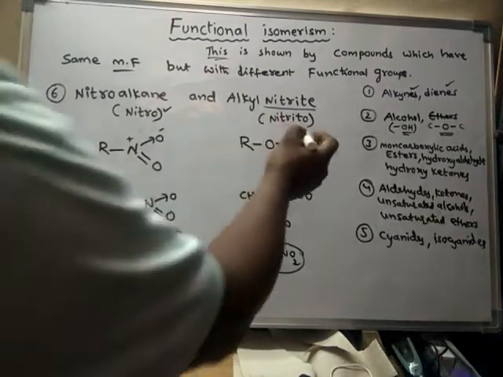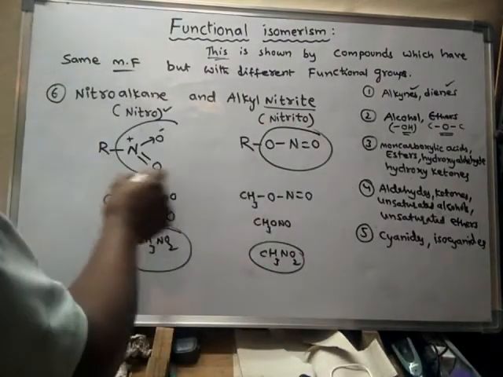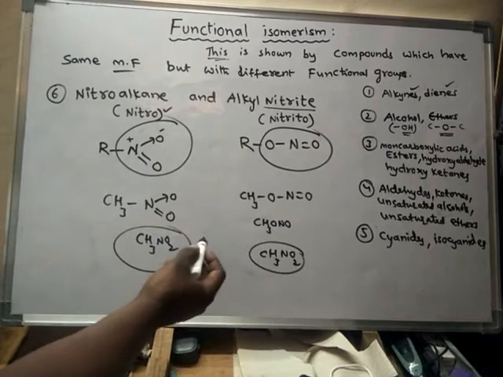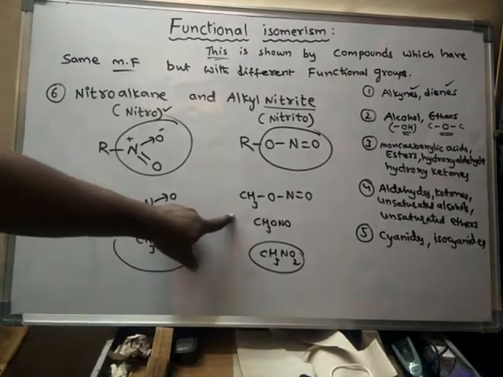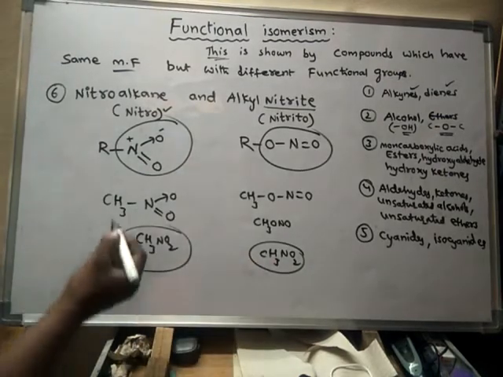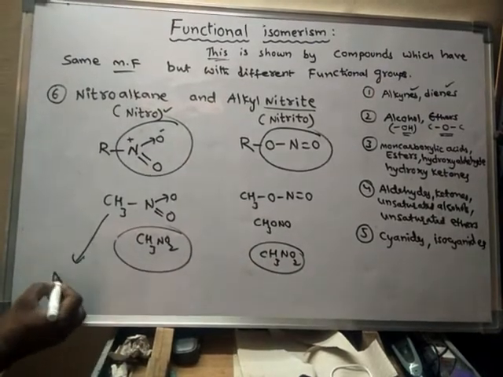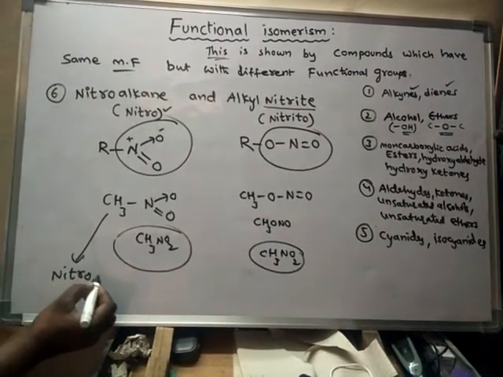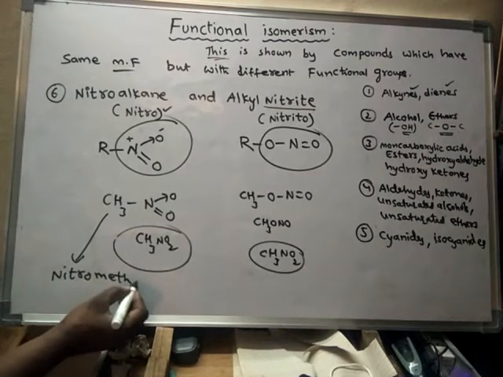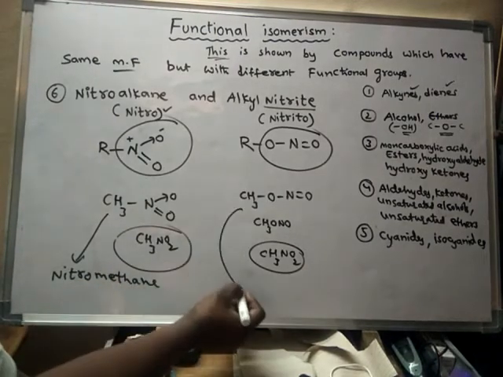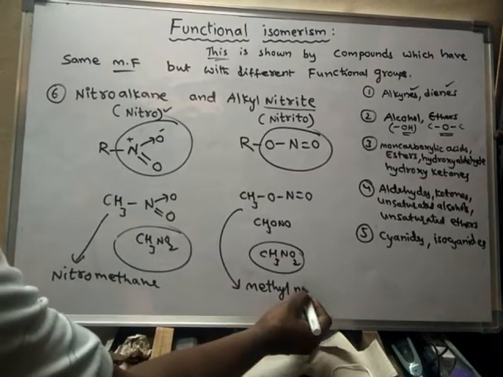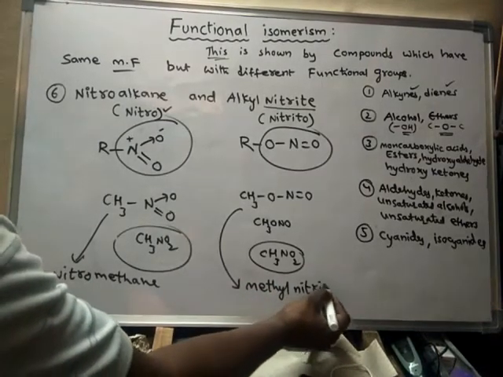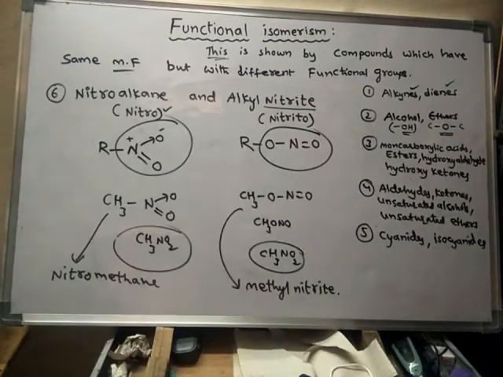Here it is the nitrito functional group and here it is the nitro functional group. So it is called nitromethane, and it is called methyl nitrite. What is the name of this one? Nitromethane, and this is methyl nitrite.